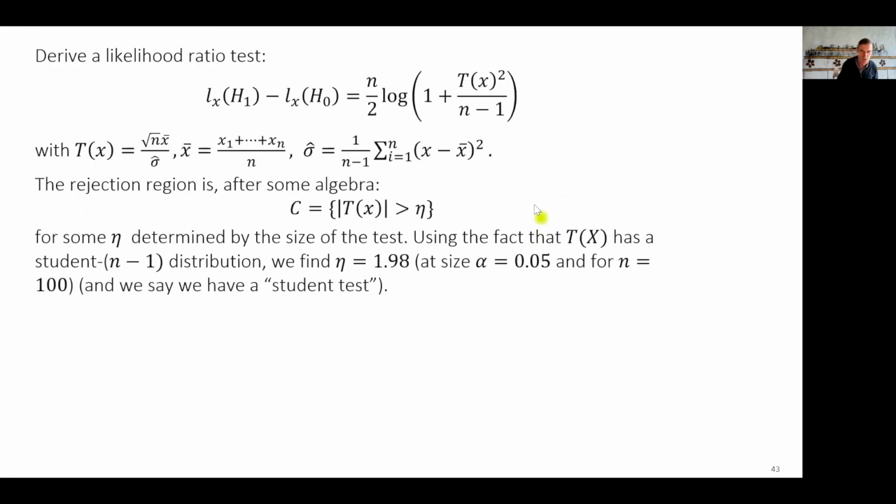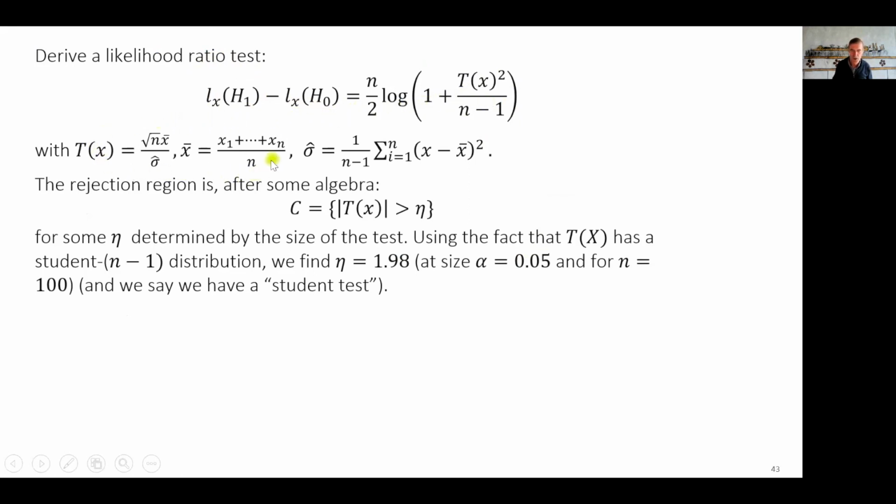I can do the same as before. I can compute the maximum likelihood under H1 and under H0. I skip the details. They are similar to what we did before. We need to look at the quadratic function, find the optimum, and we will find something that sounds familiar to us.